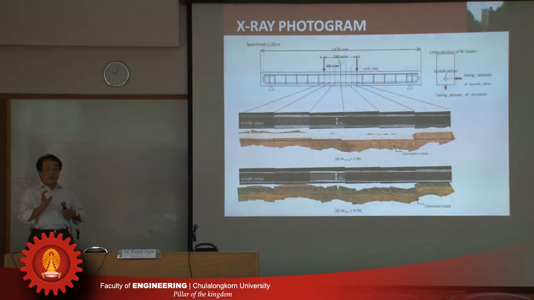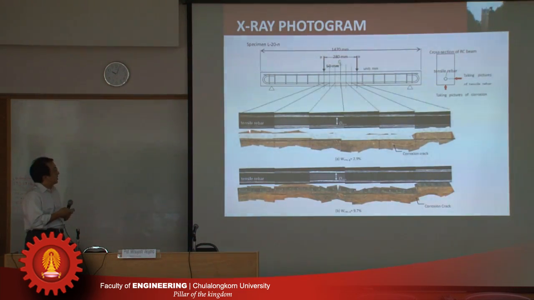Now I could confirm the applicability of the X-ray photogram technique to the quantification of steel weight loss. So I applied this technique to the visualization of spatial distribution of rebars in RCB.